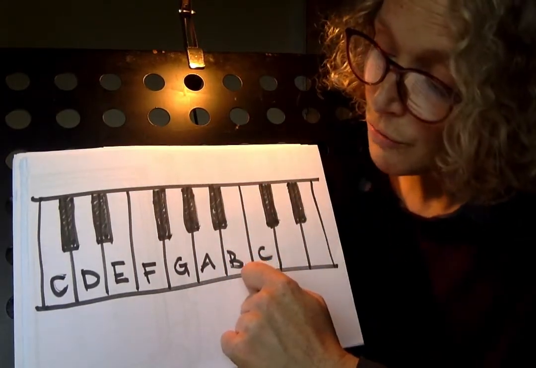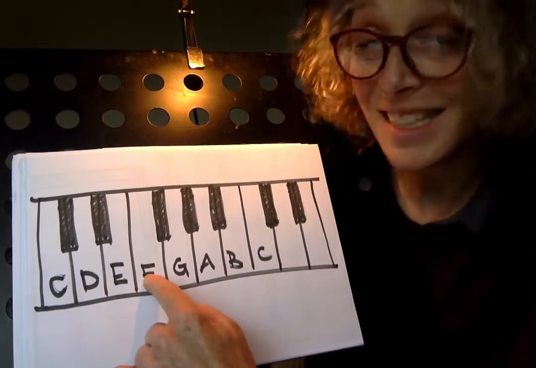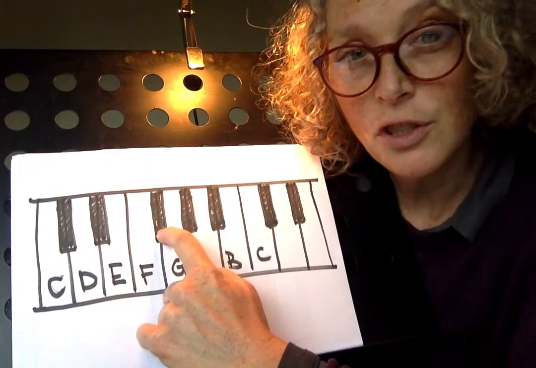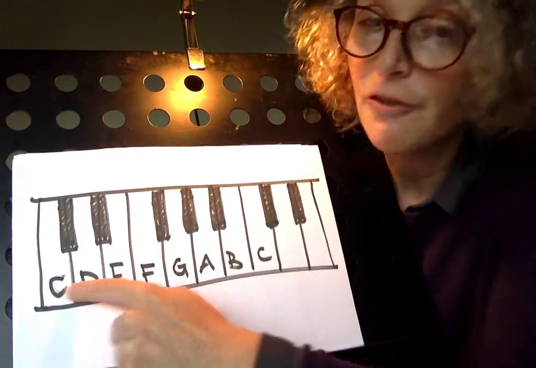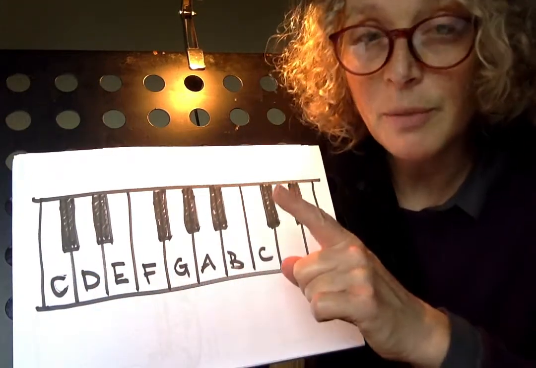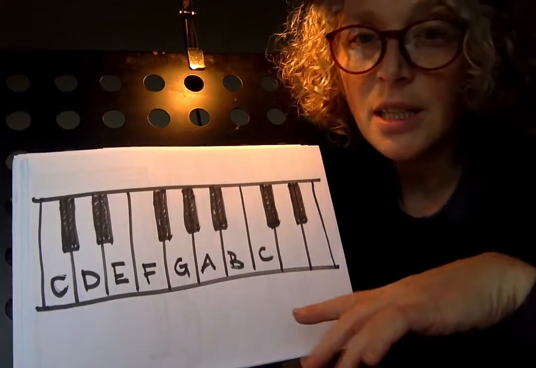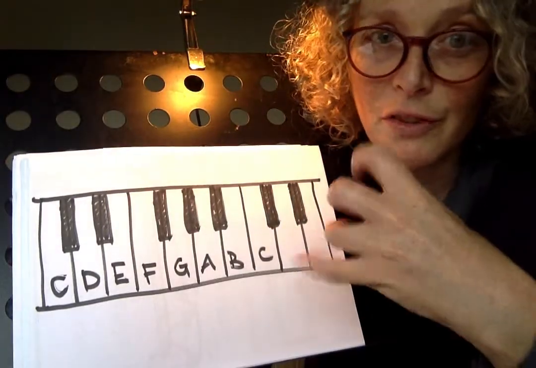A whole tone from E is a semitone to F and another semitone to F sharp. So take any of these notes, figure out what is a whole tone up from it and what is a semitone up from it, because this will really help your understanding of key signatures and also the fingering on your instrument.